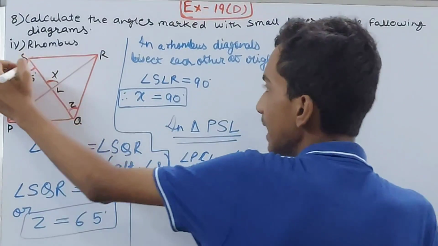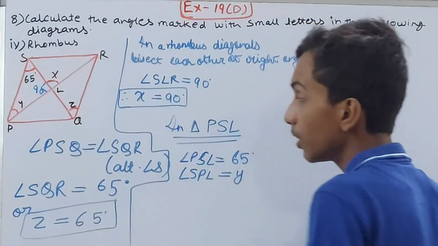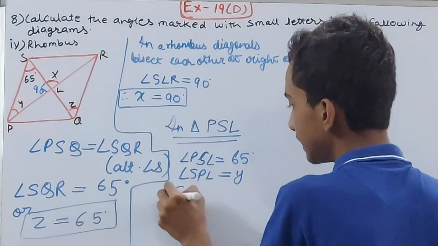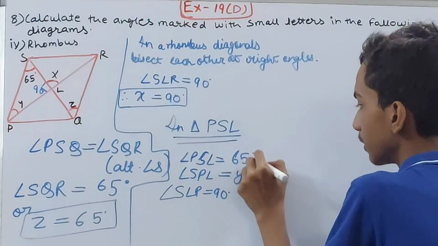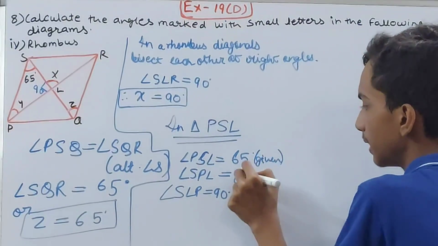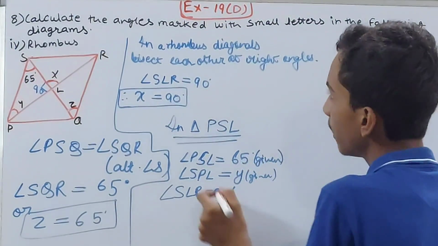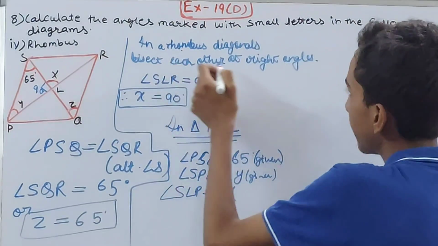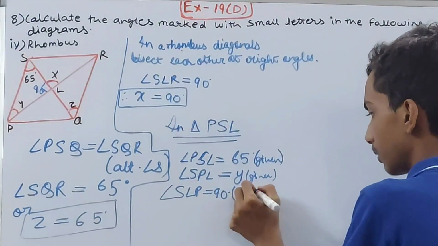Angle SLP, what will this be? 90 degrees or not? Yes, angle SLP is equal to 90 degrees. Here again you can write down the same property: in a rhombus diagonals bisect each other at right angles, right?